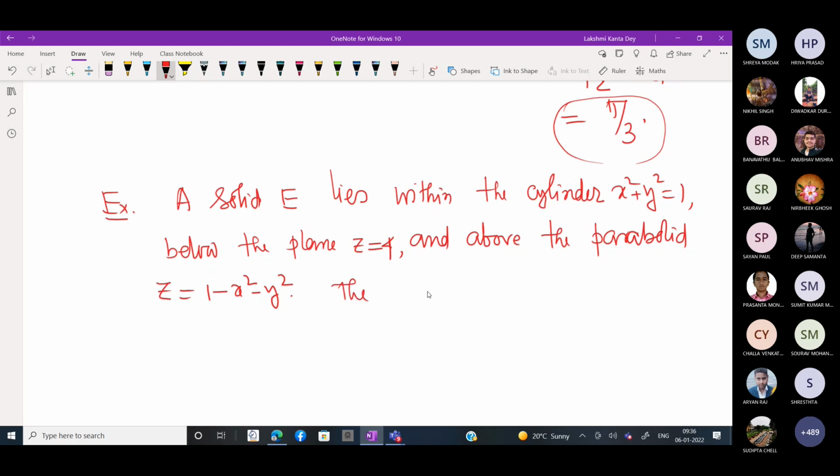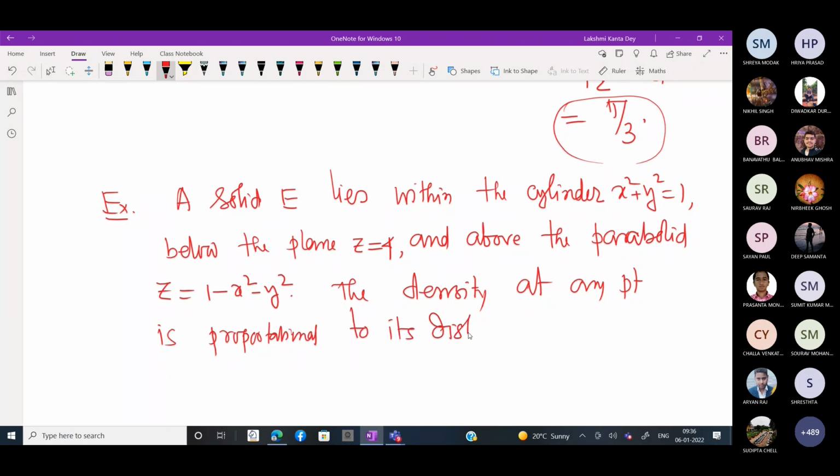The density, this is one of the application points of view. I will be telling how we can find it. The density at any point is proportional to its distance from the axis of the cylinder.